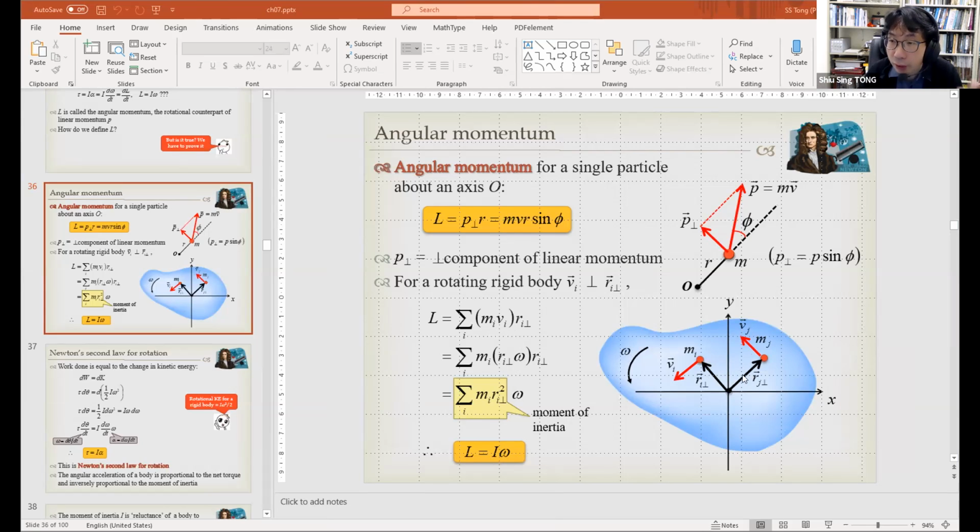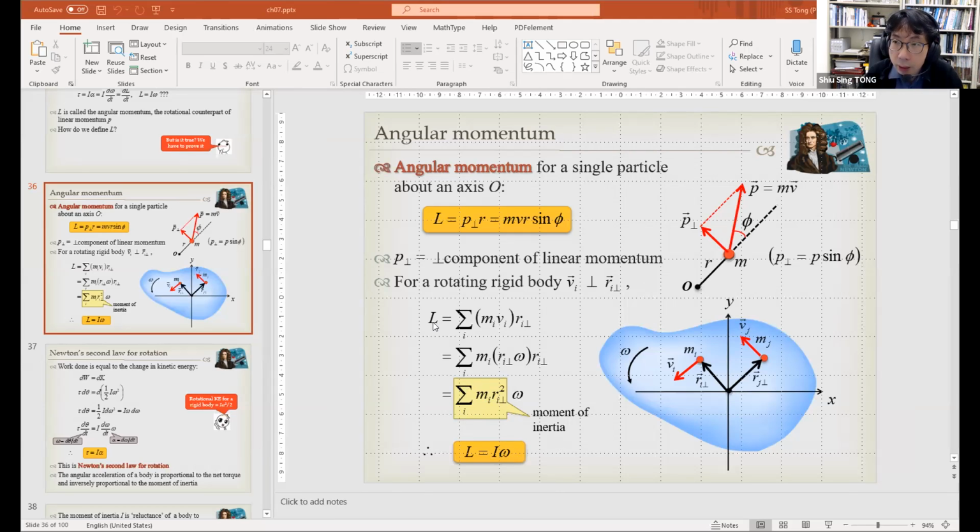And if we do so for each of the particles, then we find that the total angular momentum of all the particles in the rigid body will be equal to the summation of m_i r_i squared multiplied by omega. But the summation of m_i r_i squared is the moment of inertia of the body about the axis.